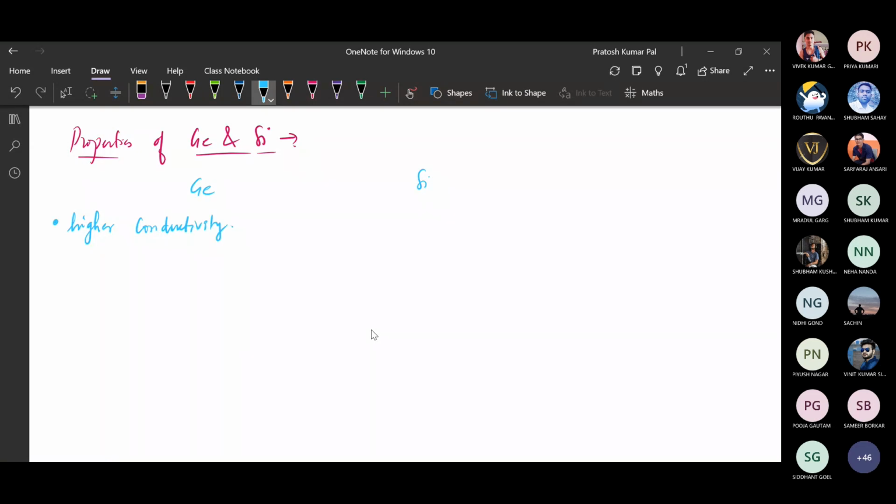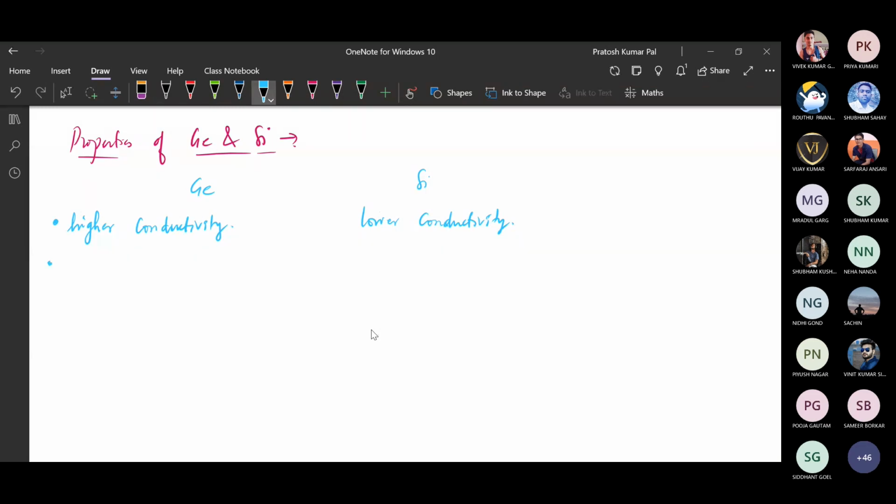That means the ability to conduct will be higher in case of germanium than silicon. Silicon will have lower conductivity.